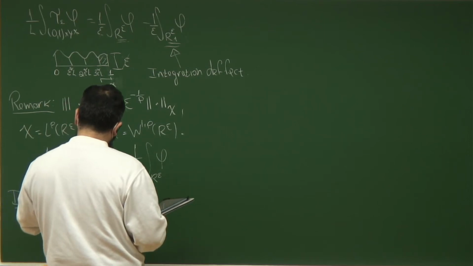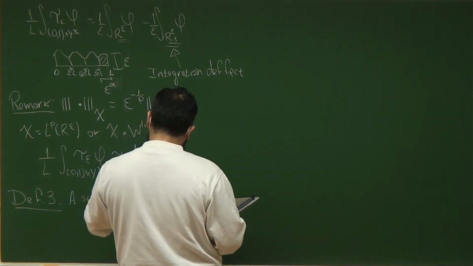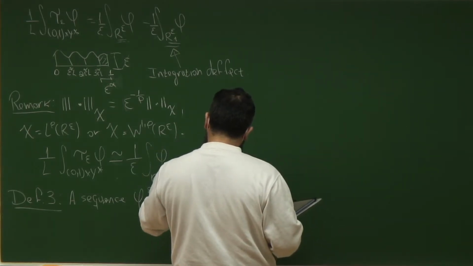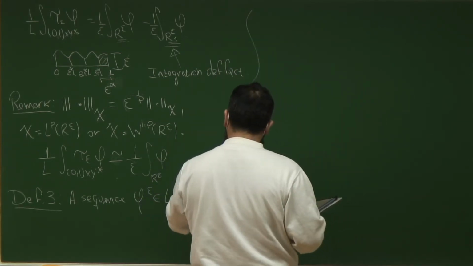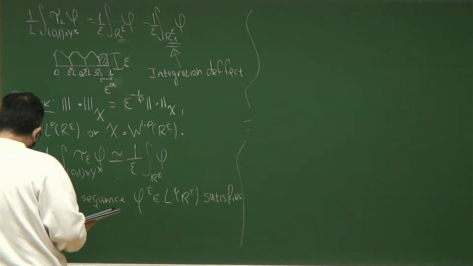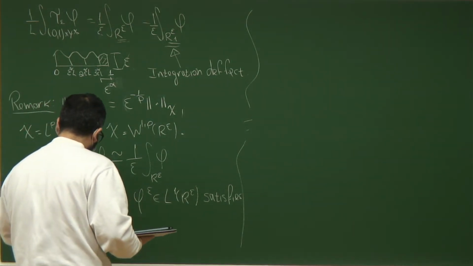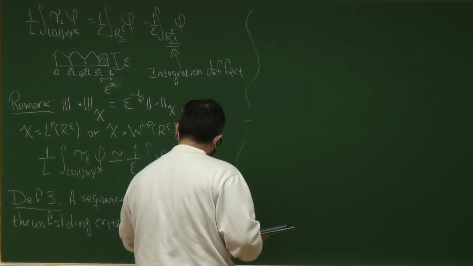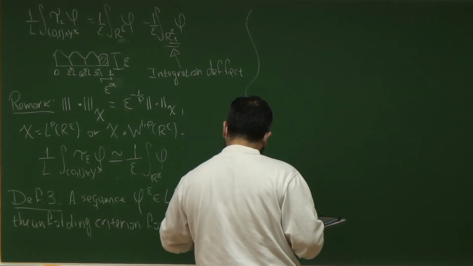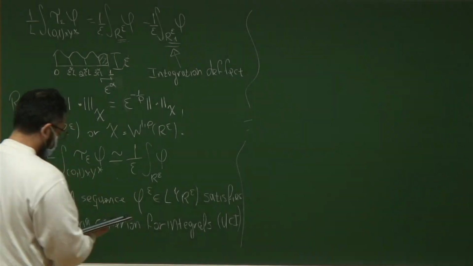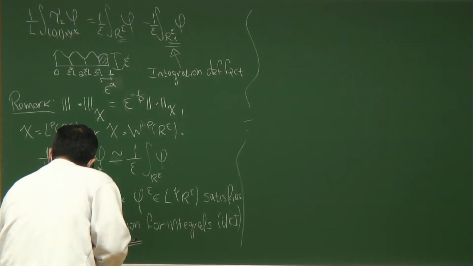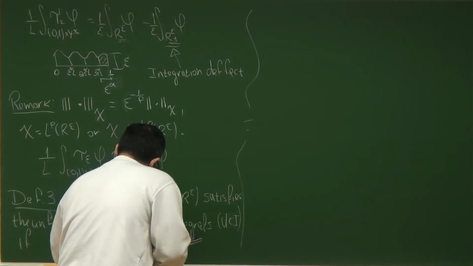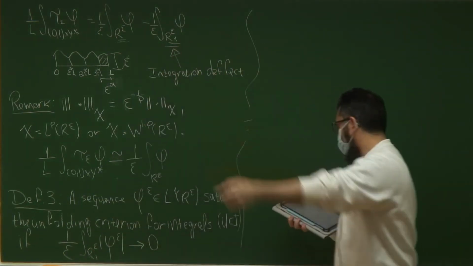A sequence phi epsilon in L1 of R epsilon satisfies the unfolding criterion for integrals, for short UCI, if this integration defect goes to 0.